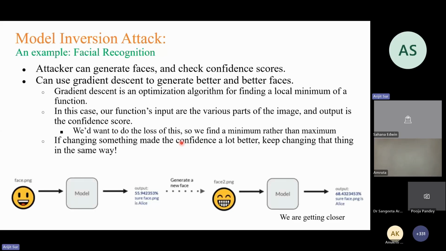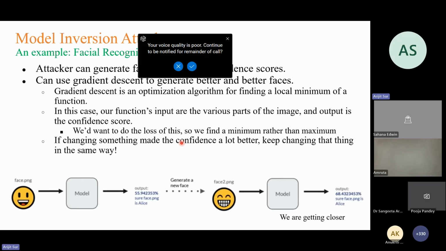In this case, the input is the various parts of the image and the output is the confidence score. They want to minimize the loss and find a minimum rather than a maximum. In this way they try to hypothesize it: a change that improves the confidence is kept, and they keep changing.